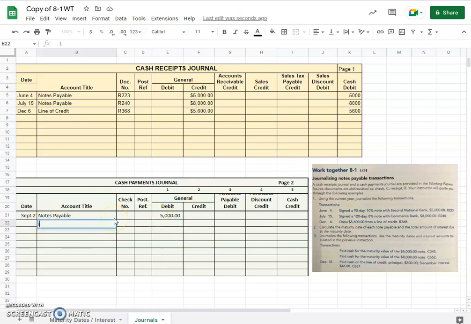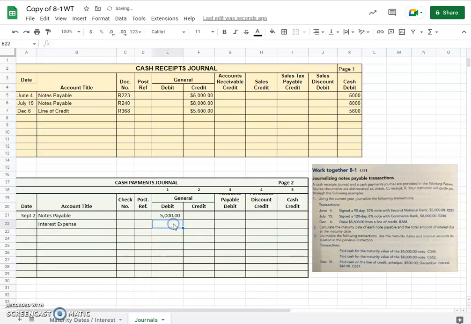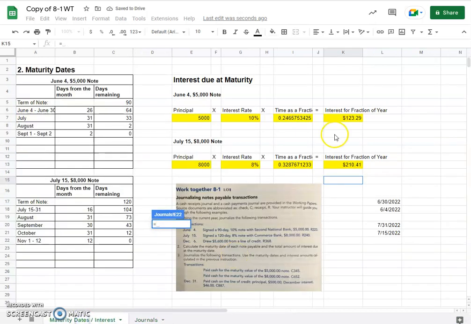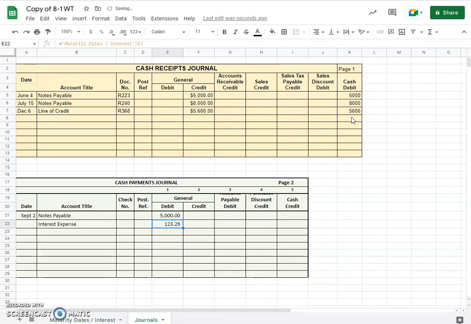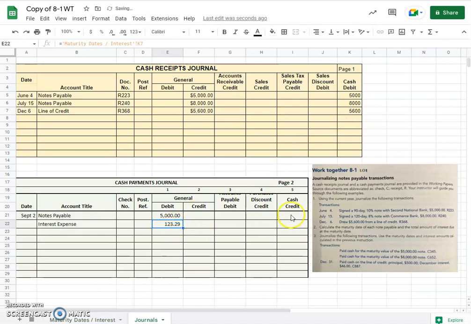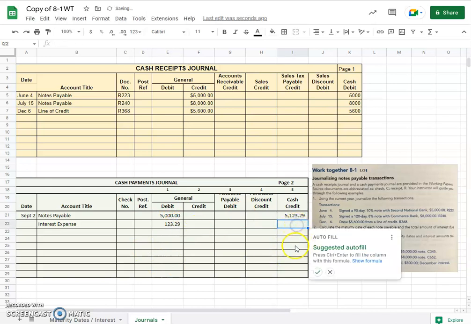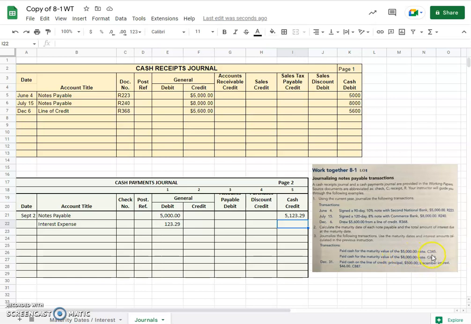And then we're also going to have interest expense. And we figured that amount out. We'll just grab it off the other tab by using equals. Go over there, 123.29. There it is. Which means our cash credit will be those two amounts added together. Okay. And what check number was this? We were going to decline the autofill. And it was check number 345.